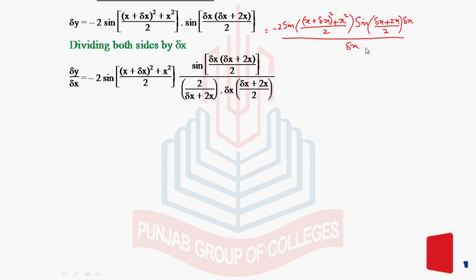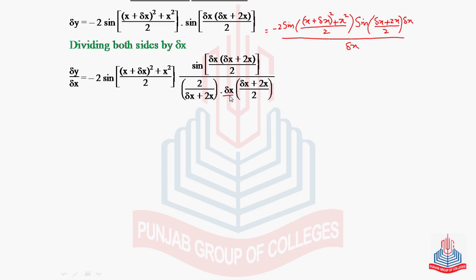As we mentioned in our previous step, this delta x will be divided only on this part, as this portion is already giving an answer here. So we have this minus 2 sine of x plus delta x whole square plus x square divided by 2 as it is, and this delta x along with this sine of delta x plus 2x divided by 2 will be like this. This delta x is actually our dividing both sides by delta x.